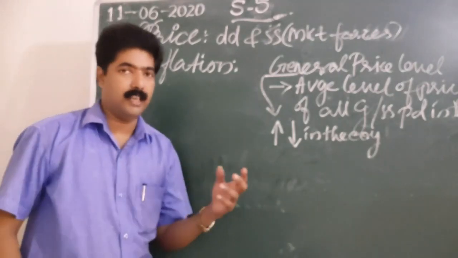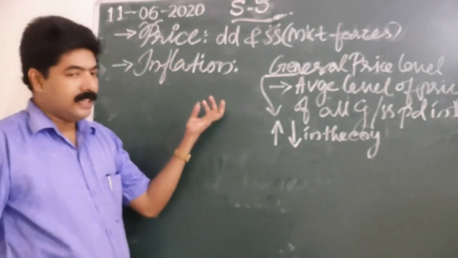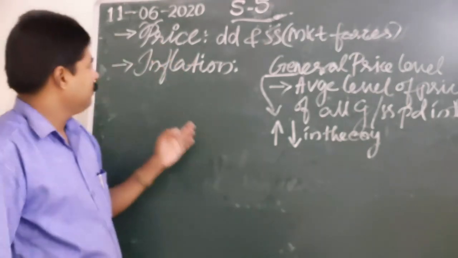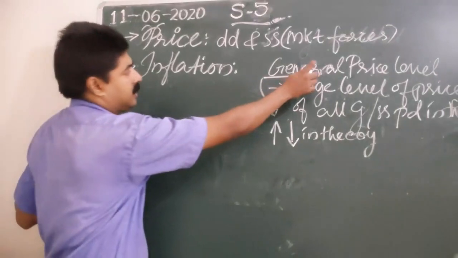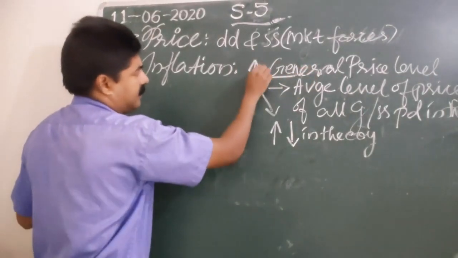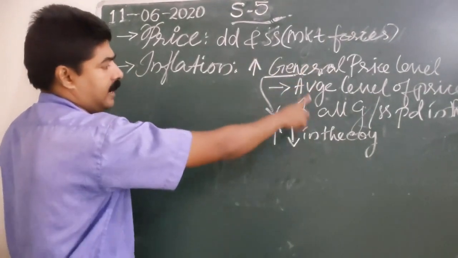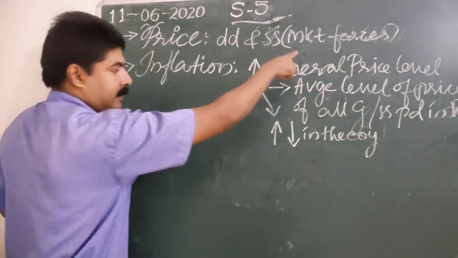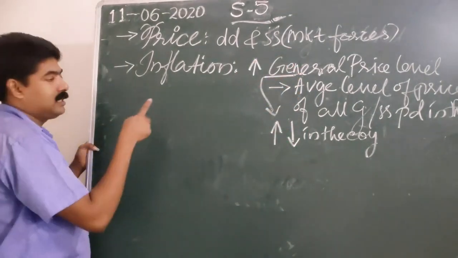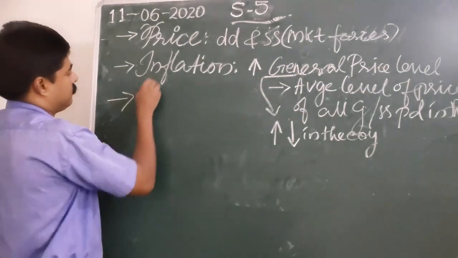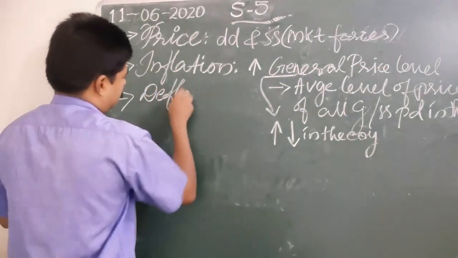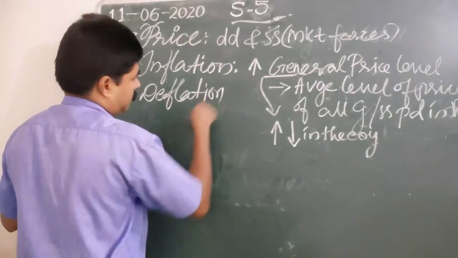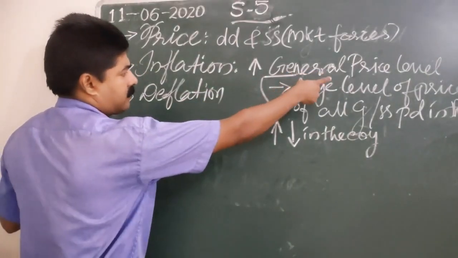What is inflation? A persistent and appreciable rise in the general price level. It can increase and decrease. If the general price level decreases, that is known as deflation: a persistent and appreciable fall in the general price level.